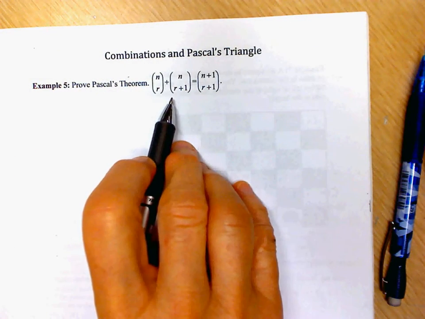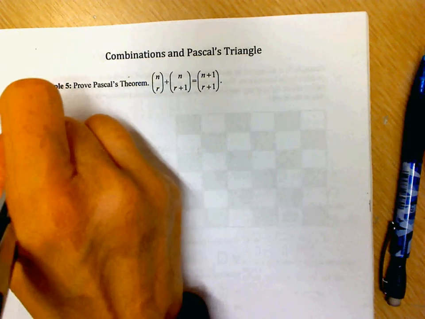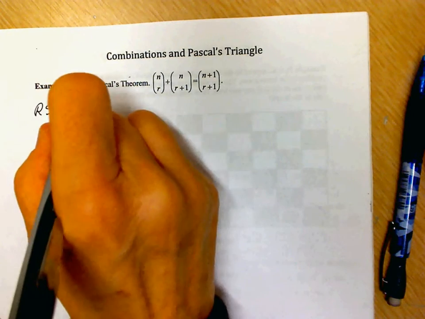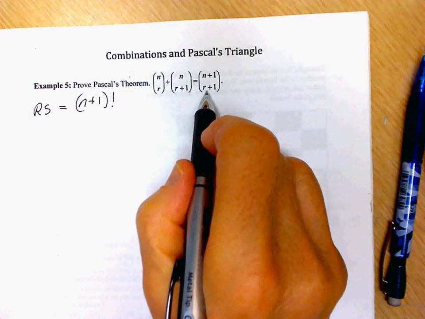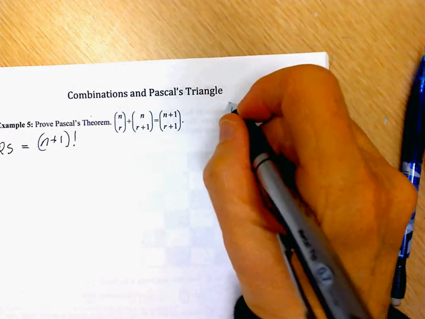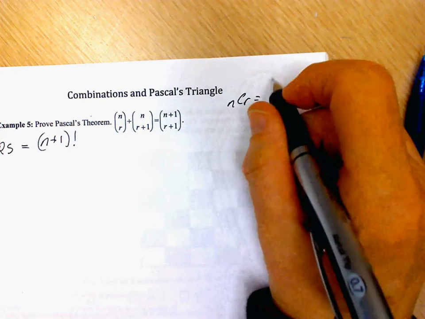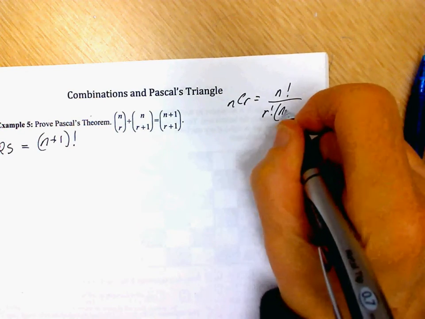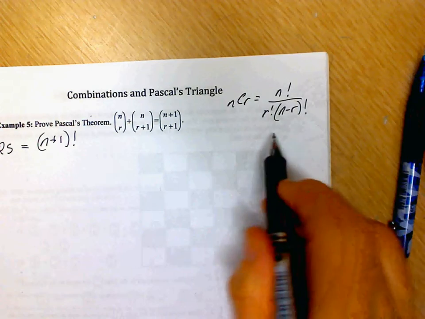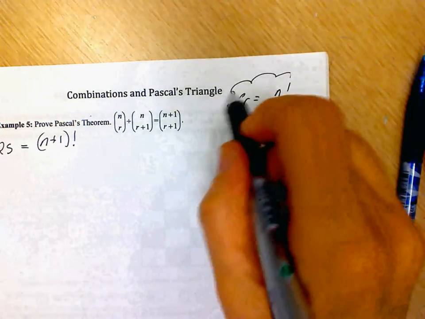I'm just subbing it into the combinations formula: n choose r equals n factorial over r factorial times n minus r factorial, the formula that we learned previously.